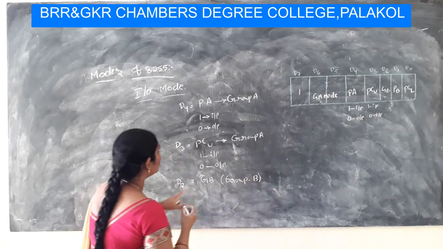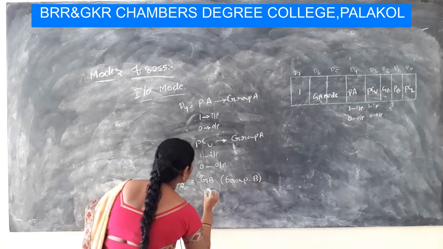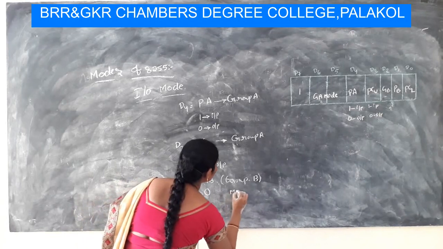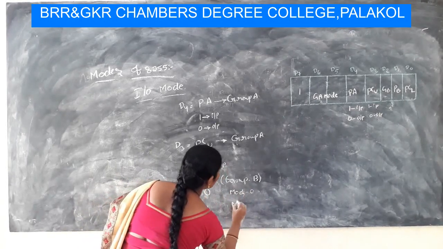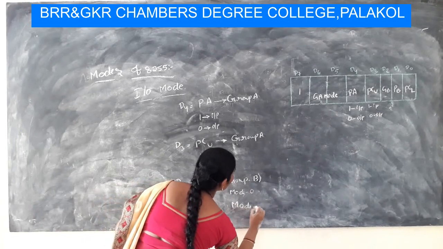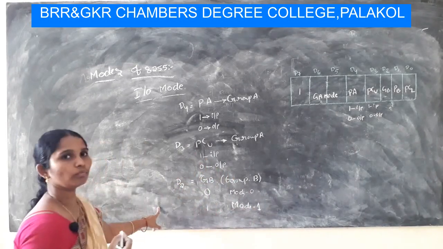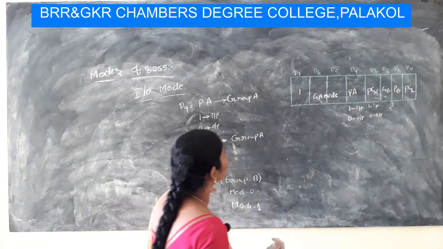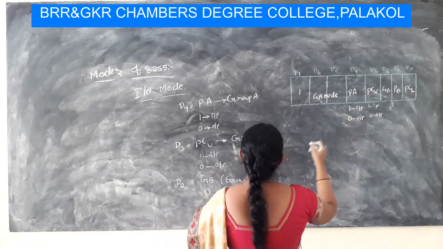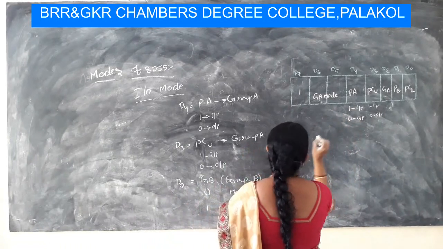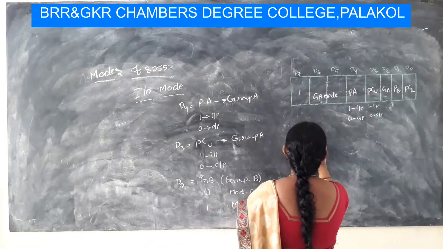So here in this group B, when it is equal to 0, it will perform the mode 0 operation, and when it is 1, it will perform the mode 1 operation. Next comes the D1 bit, that is PB.